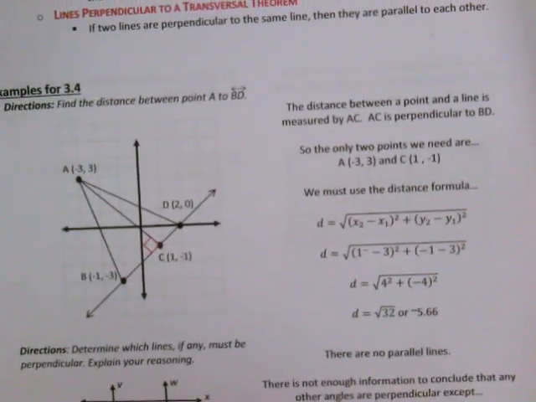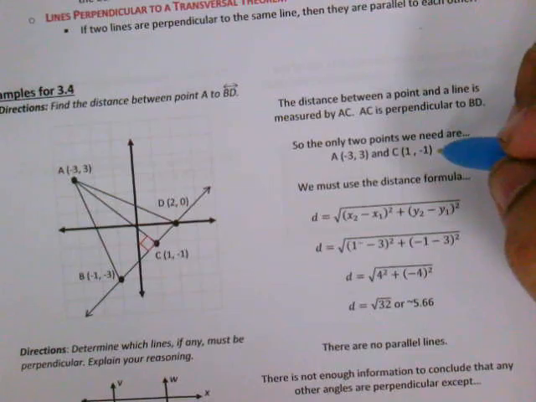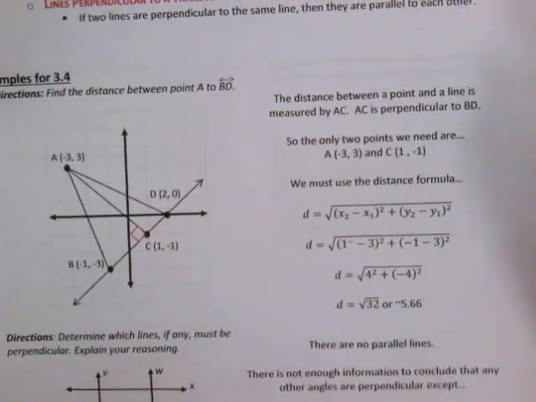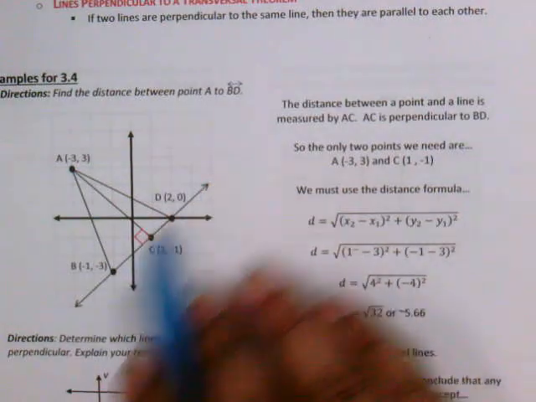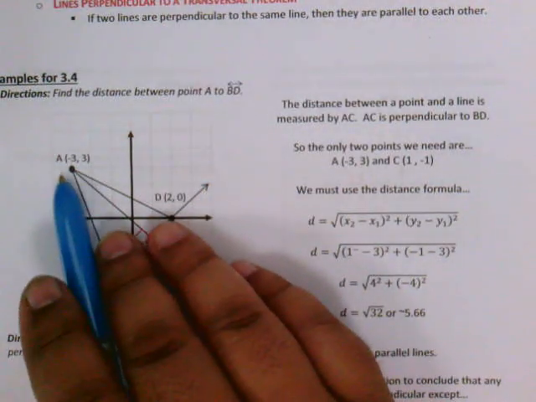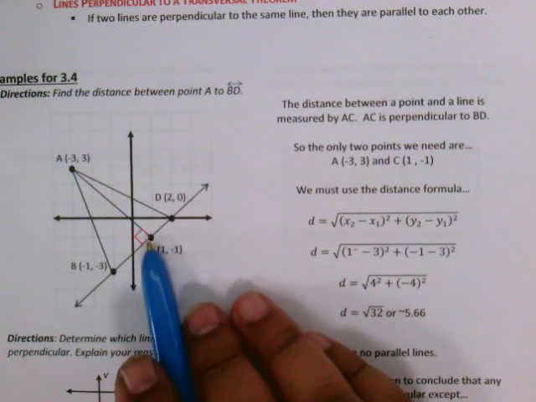Okay. Now, for our work today, a lot of it's going to have to do with the distance formula. So you're going to have to graph. You're going to have to use the distance formula. Here's an example. What is the distance between A and this line right here? Obviously, it comes straight down at the perpendicular. That's this point right here.